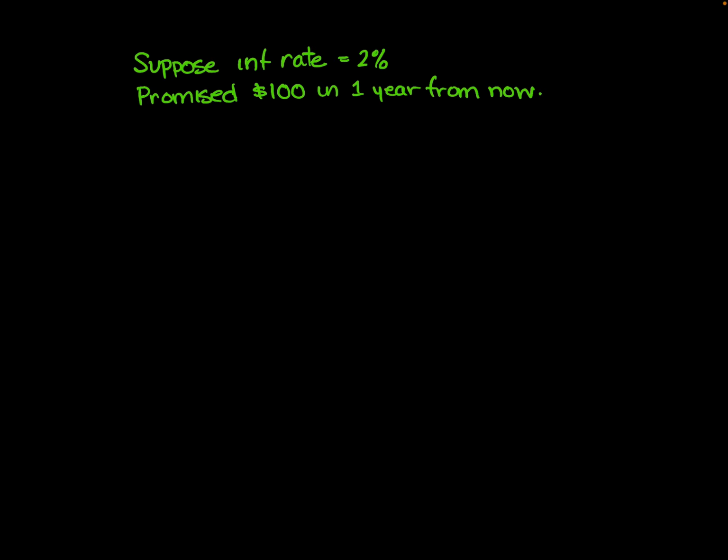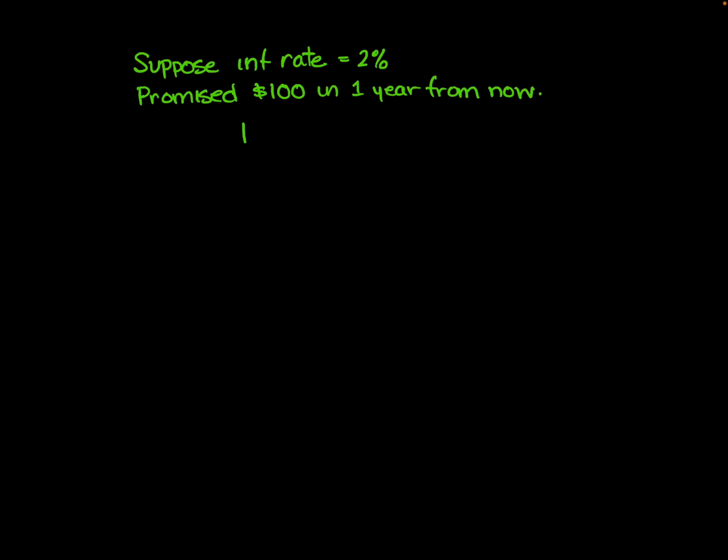Well, it's not worth $100. It's in fact worth less than that, because if you had $100 today, you could have put it in the bank and it would have grown, by our previous discussion of compounding, to become $102. So you would have gotten the interest in a year from now. So the promise to get $100 a year from now is not worth $100. It has to be worth less than that because of the interest income that you've given up.